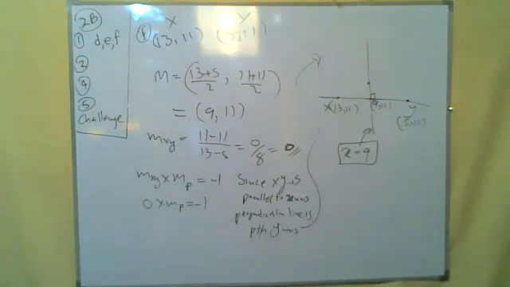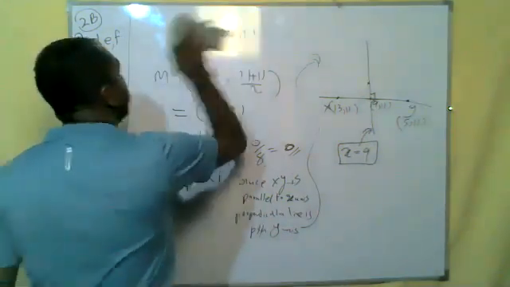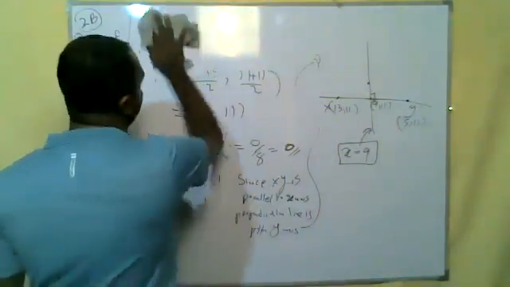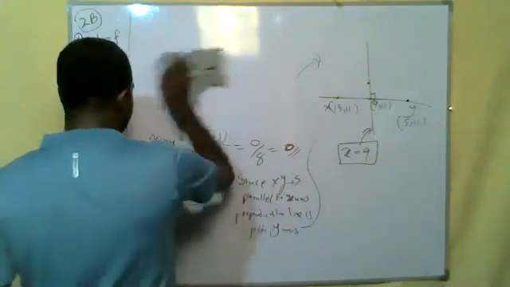Now look at question number 2. If G is a diameter of the circle with center C, where F and G are 2 points. Nothing new. It's the same thing being asked. Using this midpoint, always we are going to find the perpendicular line.